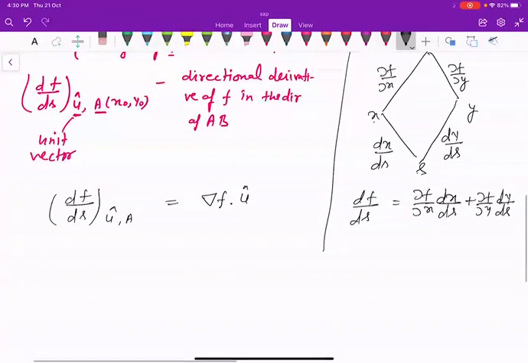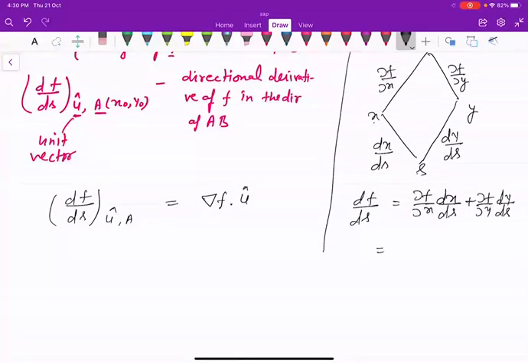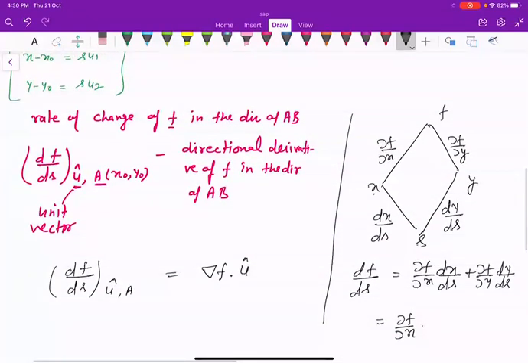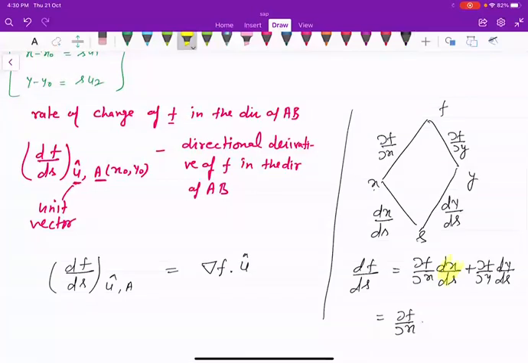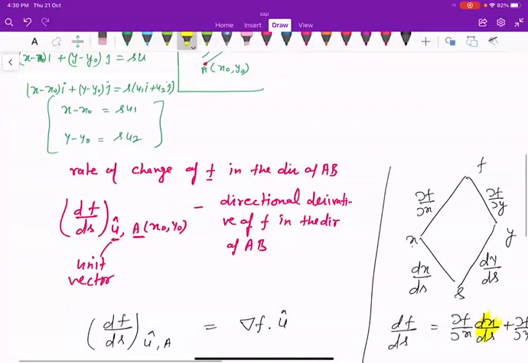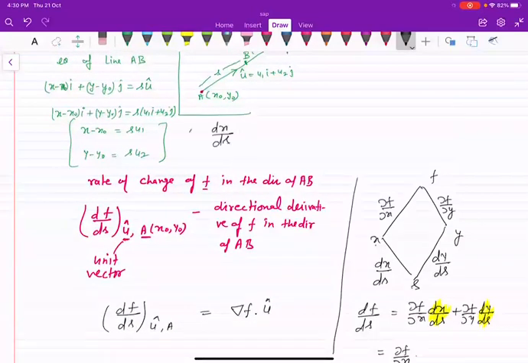Understand? Now, one more thing: how can we compute dx over ds and dy over ds? We already have a relationship between x and s, that is x minus x naught equal to s u1. So dx over ds is u1, and dy over ds is u2.